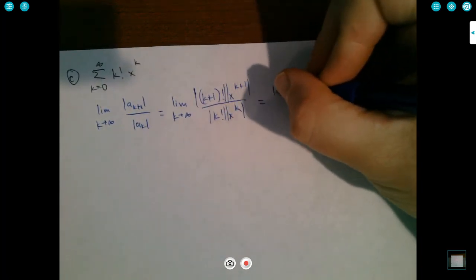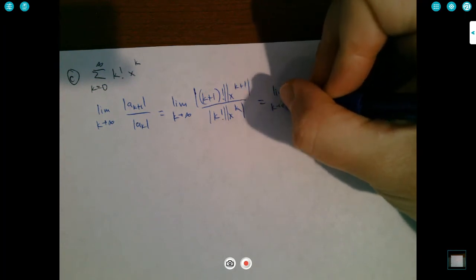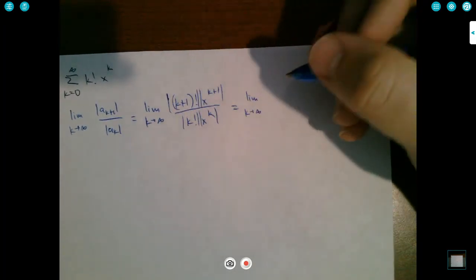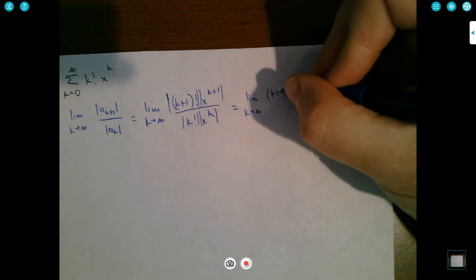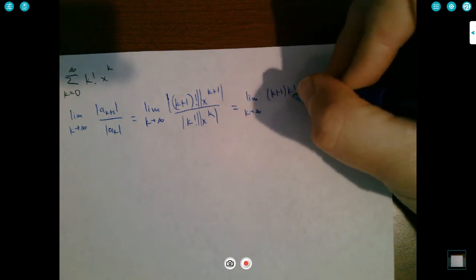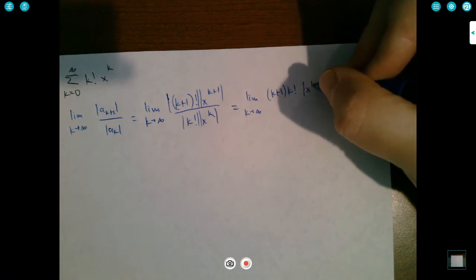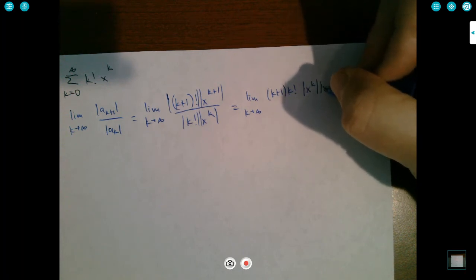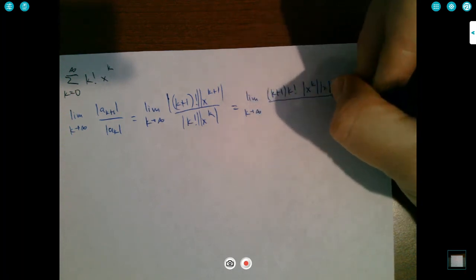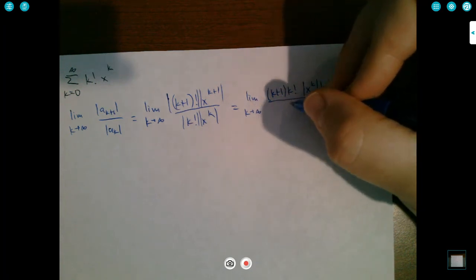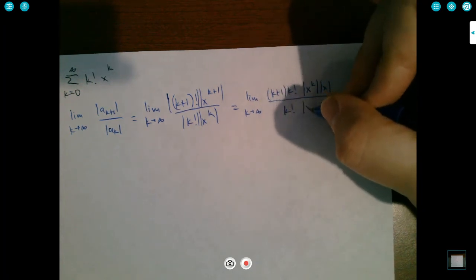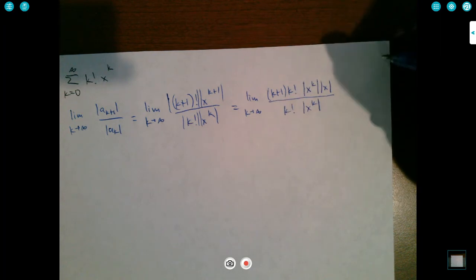But, okay, so this is going to be the limit as k goes to infinity. (k+1) factorial is, as usual, (k+1) times k factorial, times the absolute value of x to the k, times the absolute value of x, over k factorial times the absolute value of x to the k.